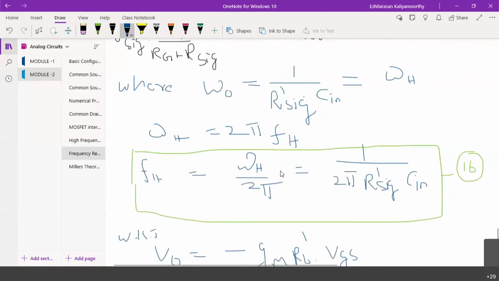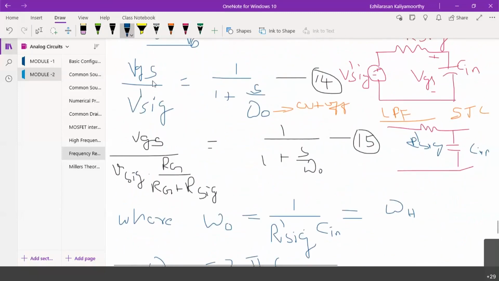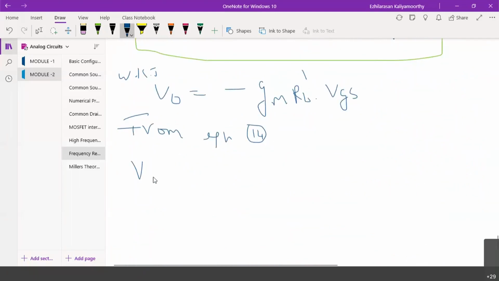What is VGS actually? From equation number 14, VGS is equal to V dash signal into 1 divided by 1 plus S by omega naught.